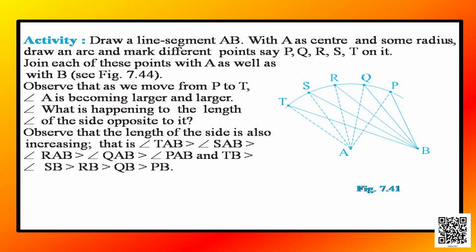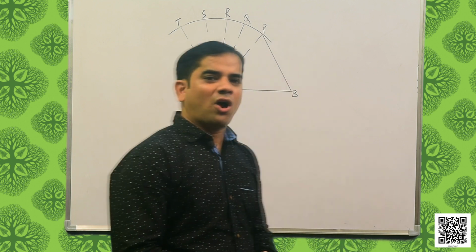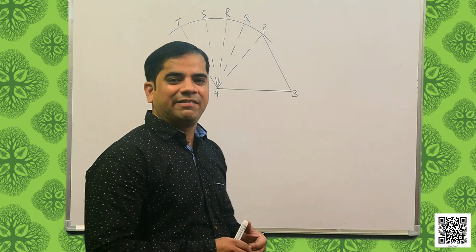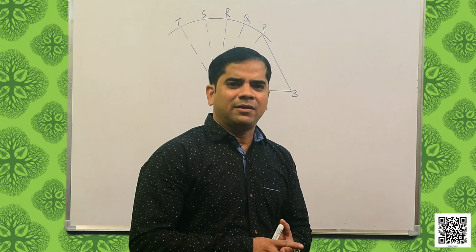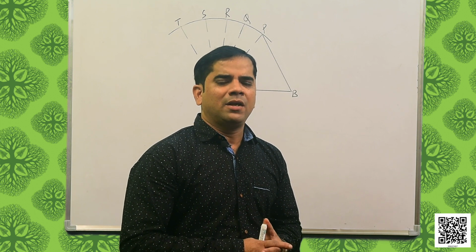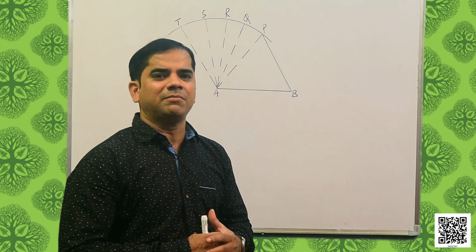Okay. So let me draw the diagram first, then we will discuss this activity. Okay. So students, I have drawn the diagram as it is given in your book for the activity. You can also draw the same and perform the activity. Okay. So draw a line segment AB with A as center and some radius.